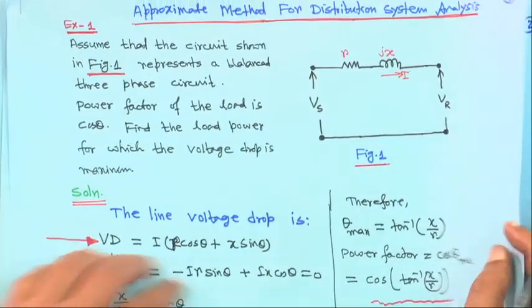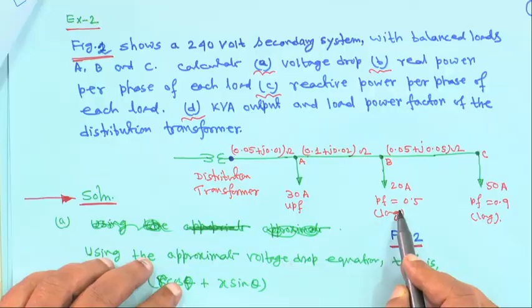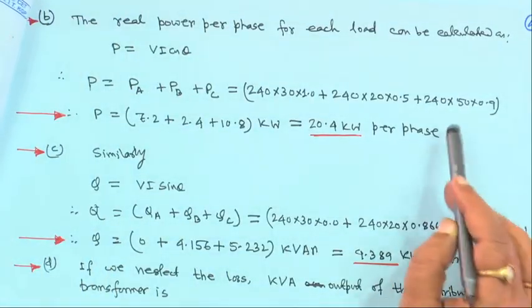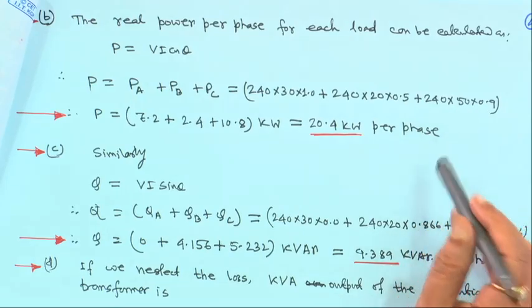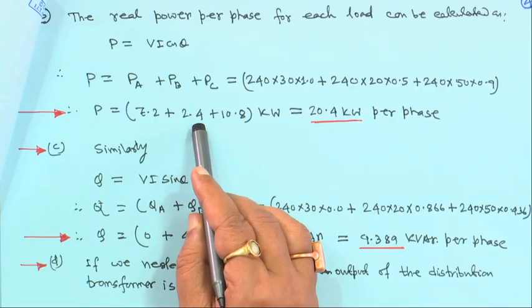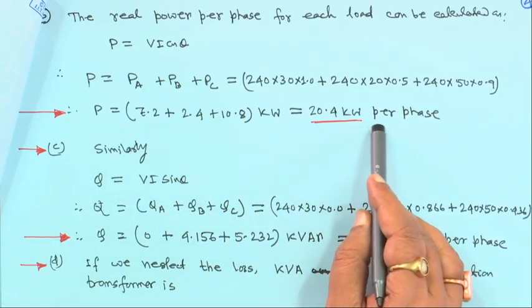Everything is given, unity power factor, lagging power factor, all data are given. Based on that we put V as 240 all the time, and 50 into 0.9, right. So, the total power will be 7.2 plus 2.4 plus 10.8 kilowatt, that is 20.4 kilowatt per phase.